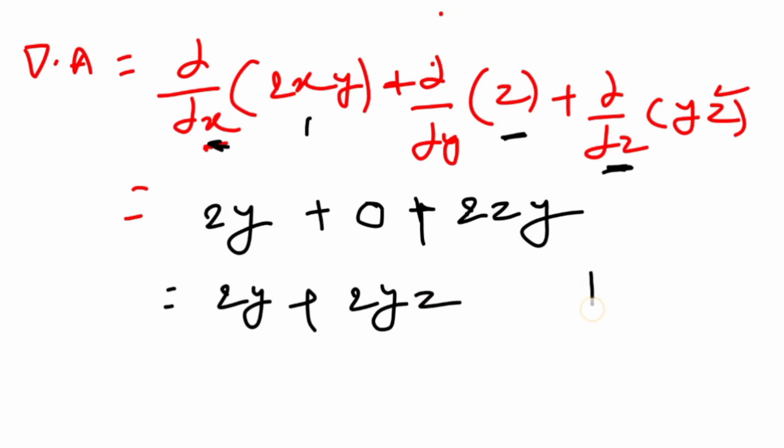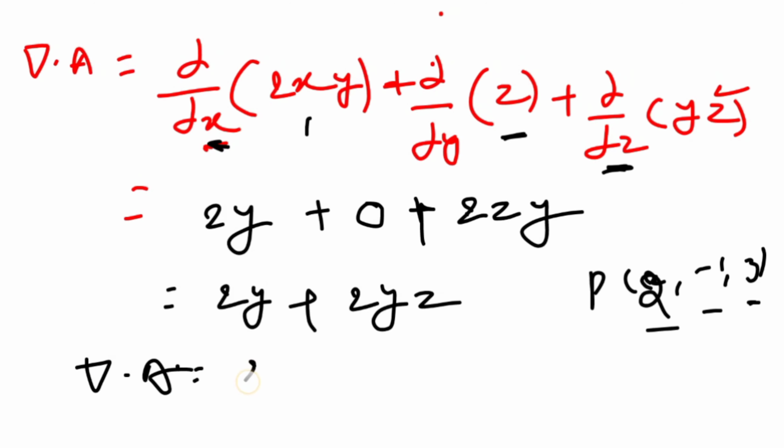Now we substitute. The point P is given as (2, minus 1, 3). Now we substitute x equal to 2, y equal to minus 1, z equal to 3. Therefore del dot A equals 2 into y, which is minus 1, plus 2 into minus 1 into z, which is 3.